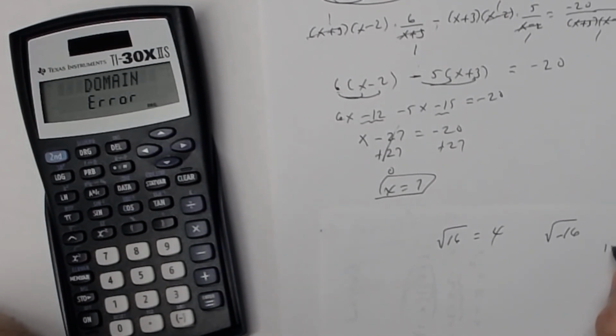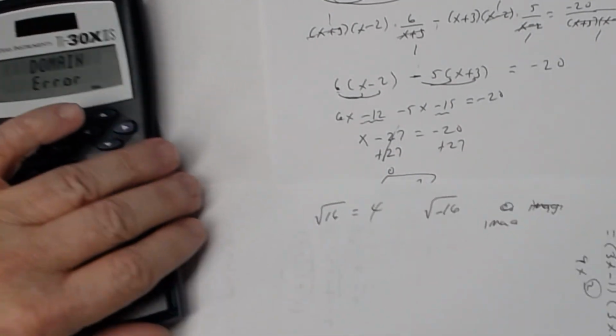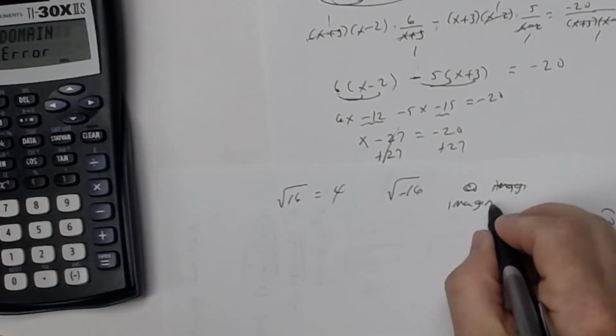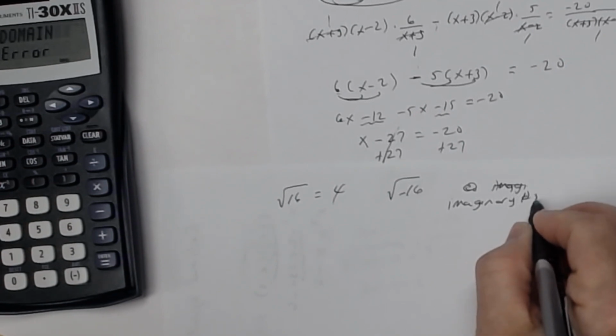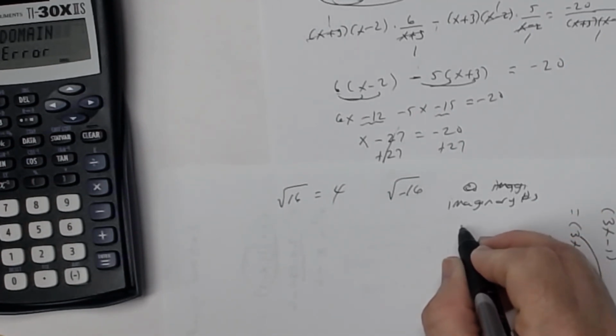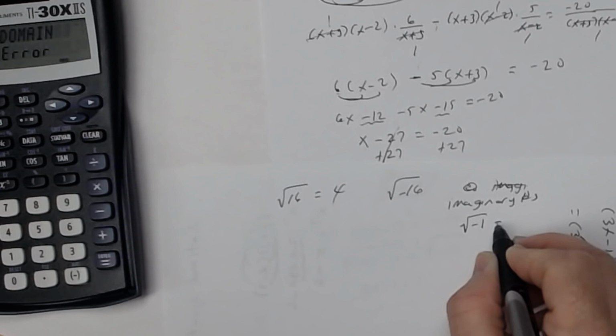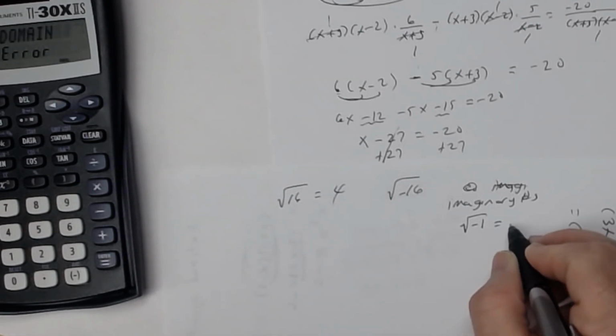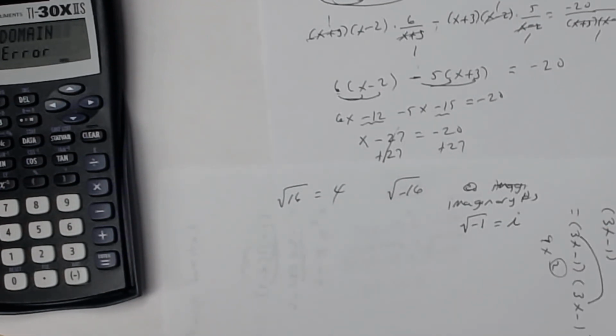You learned by definition that the square root of a negative 1 is defined to be the imaginary unit i. You learned about imaginary numbers, you learned about complex numbers.